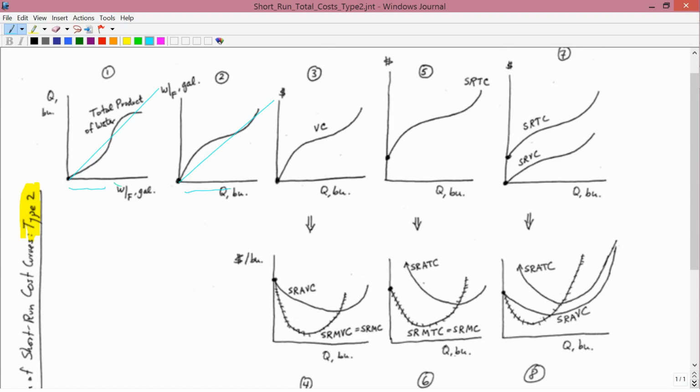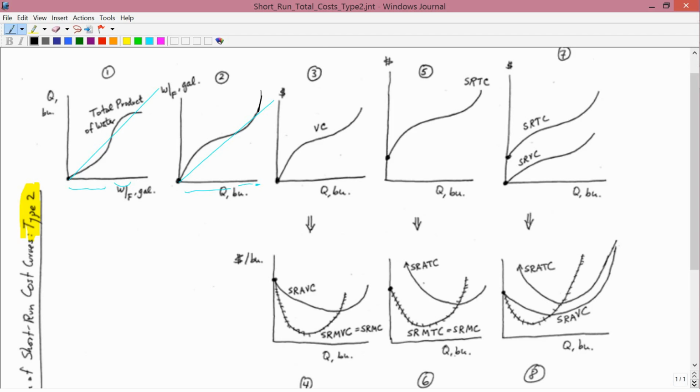Then there's a middle portion in graph number 1 where the black line is above. So in graph number 2, it's got to be below. And then in graph number 1, the black line finally at the very end, way out here, ends up below. And so in graph number 2, at the very end, the black line needs to end up above. And that's what happens. It would continue like this. So we've successfully flipped graph number 1 around a 45-degree line.